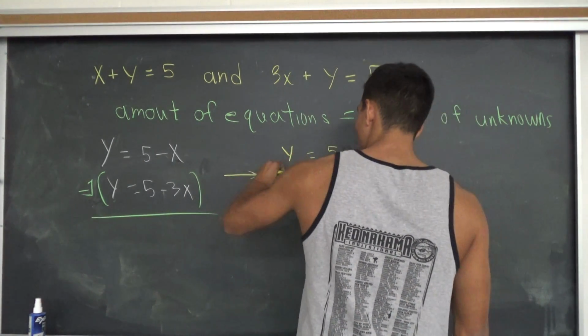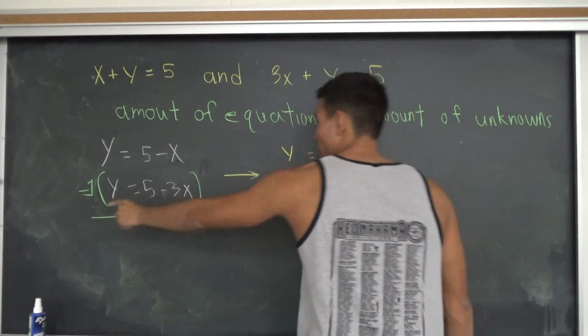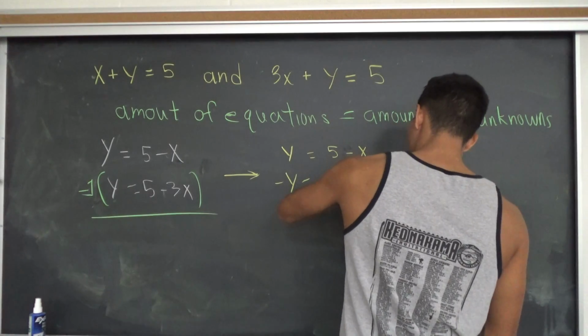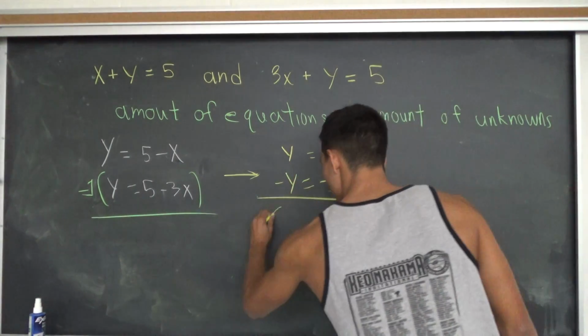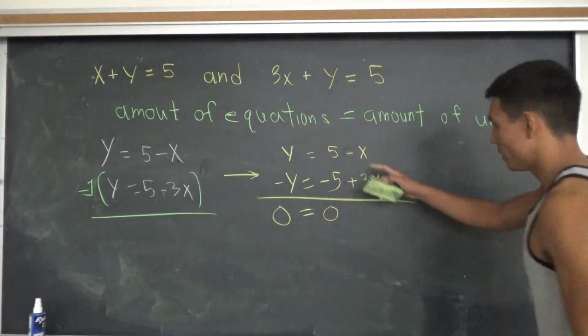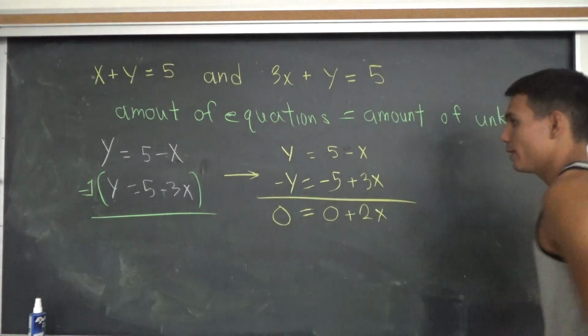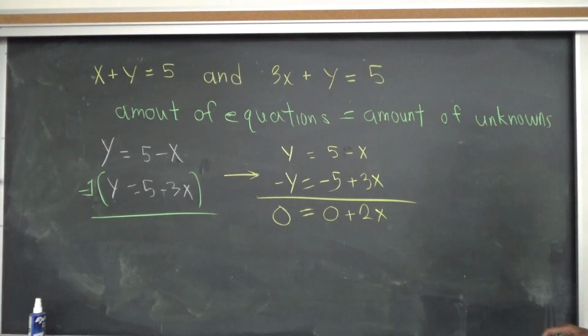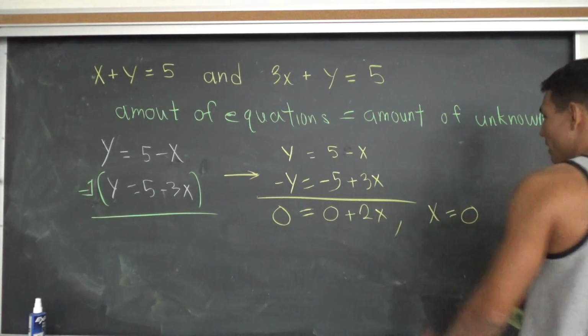And this will be negative y is equal to, -1 goes in, -5, -1 goes in, that's plus 3x. So now I'm going to add these guys. So y minus y is 0. 5 minus 5 is 0. Negative x plus 3x is 2x.